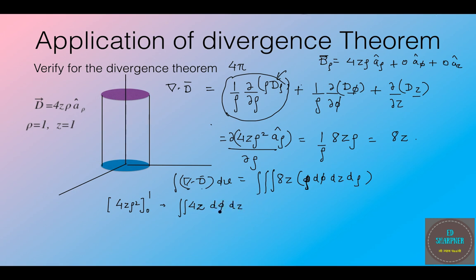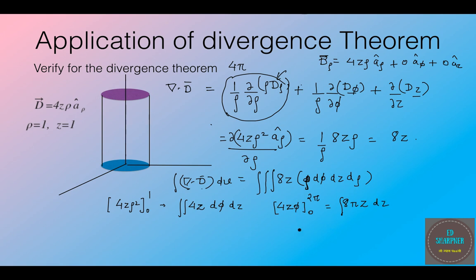For d phi, we get limits 0 to 2 pi. So we write 4z phi with 0 to 2 pi, and we have 8 pi z. And again, the last integral is remaining as 8 pi z dz.